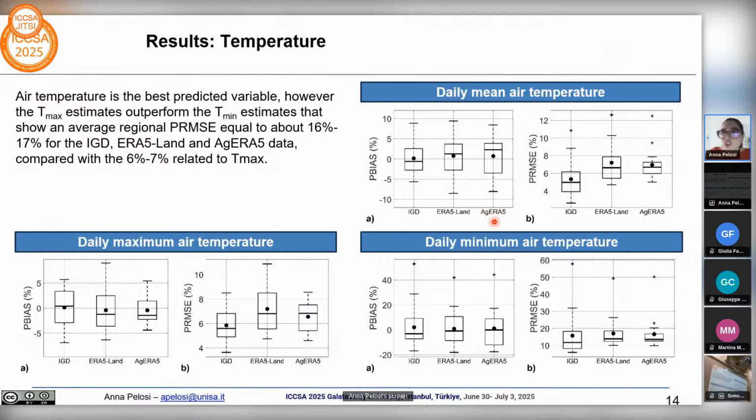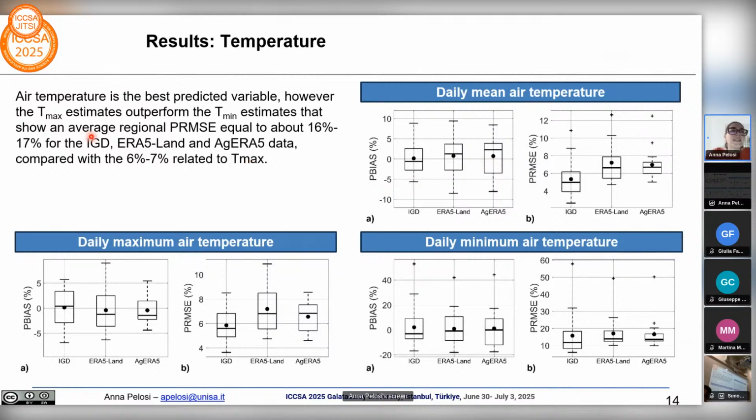Of course, the benchmark for comparison are the ground-based observations at the single points of measurement of the region. So the box plot refers to the spatial variability of the statistics over the region. The mean is these circle marks.